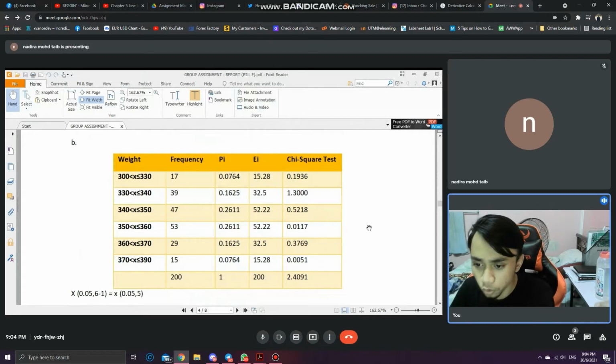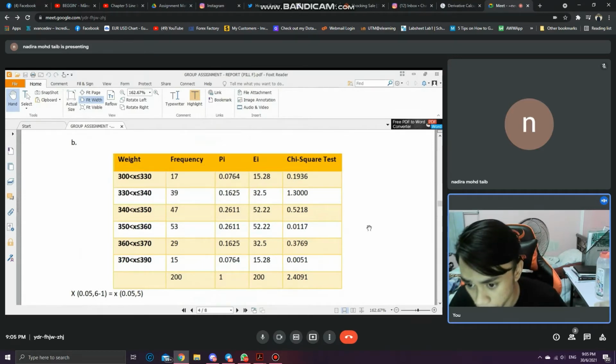We need to make sure that our total frequency is equal to the total number of data provided by the question. Here we can see that our total frequency value is 200, which is equal to the total number of data provided by the question. After that, we need to calculate the value of pi.